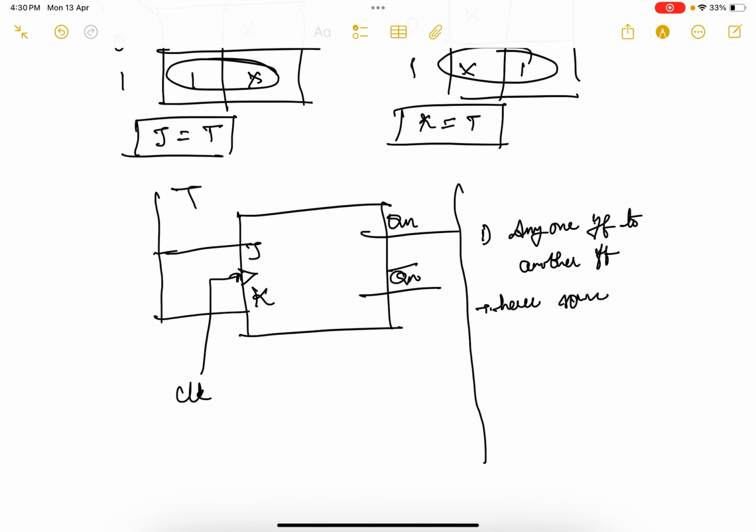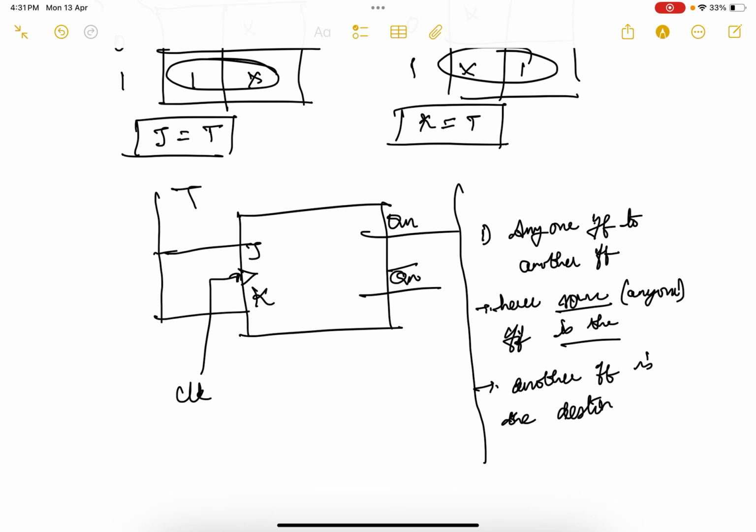Here the source flip flop is any one flip flop. We are saying any one flip flop is the source flip flop, and the flip flop we convert into is the destination flip flop.